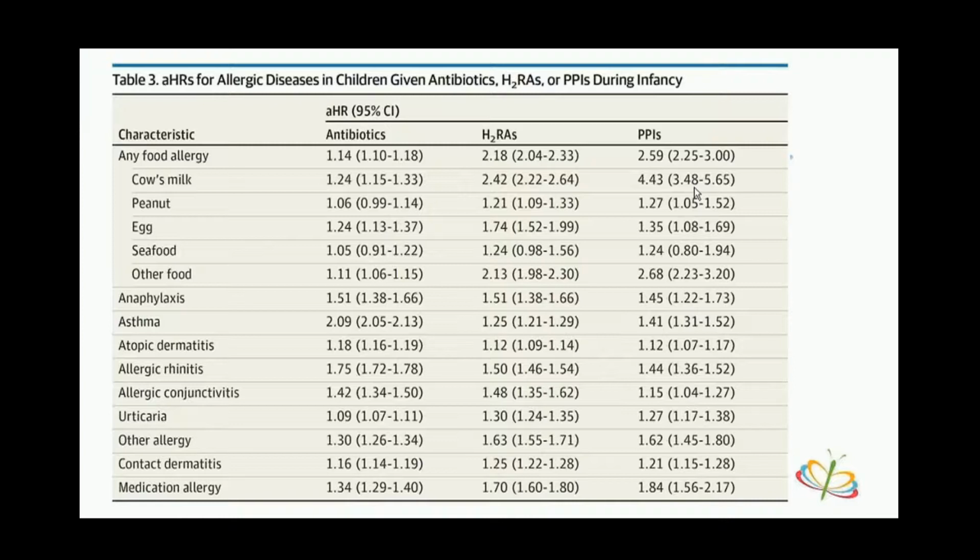Also note, if we go back and look at asthma with antibiotics, we can see that that is a 2 times hazard risk with an extraordinarily tight confidence interval of 2.05 to 2.13. We won't go through every number in the table here, but I think it is important to note that all of these numbers did show up positive with respect to the interactions between these medications and the diagnosis of allergic disease.